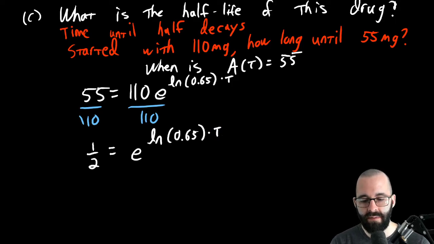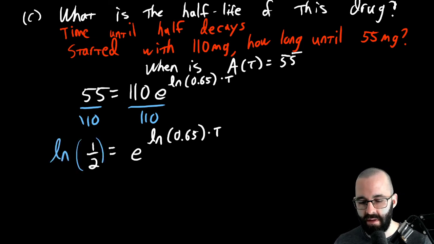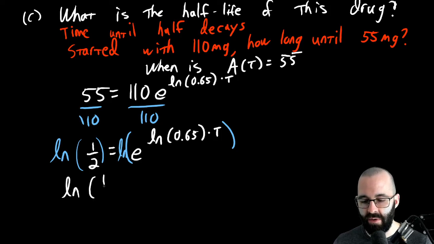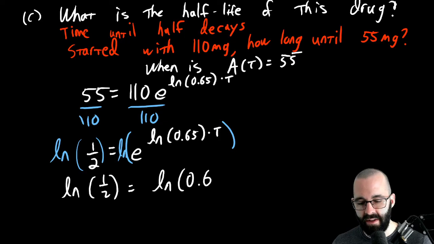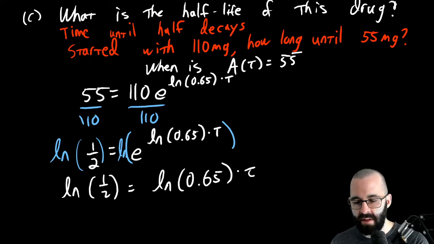All right. So we still have to take the natural log of both sides. That's going to give us the natural log of 1/2 equals, now they cancel, the natural log of 0.65 times t. And now we divide by this natural log.